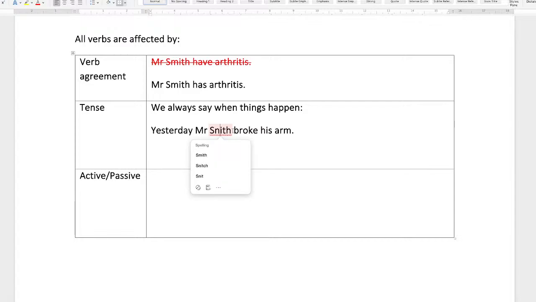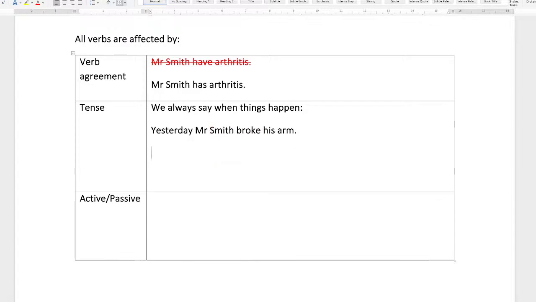Or we could say something like, "Recently Mr. Smith has felt tired." So there are going to be multiple tenses. We always say when things happen. In this case, past simple, and in this case, present perfect.